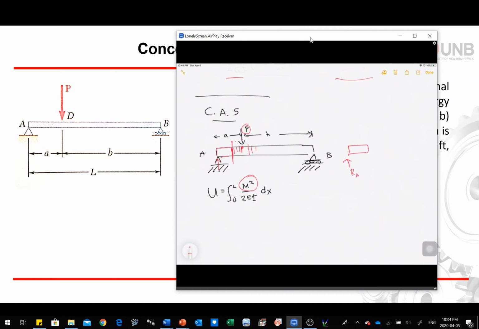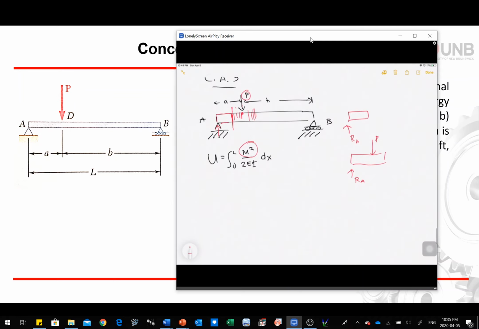And if you cut it on the right side of your P, note that you're going to get something like this. So you have P, you have RA, and then you're going to get different equations for your moment. So in this case, we have to treat this beam separately. First, we calculate the energy along AD, and then the energy at DB, and then add them together, and we're going to get the total strain energy for our system.